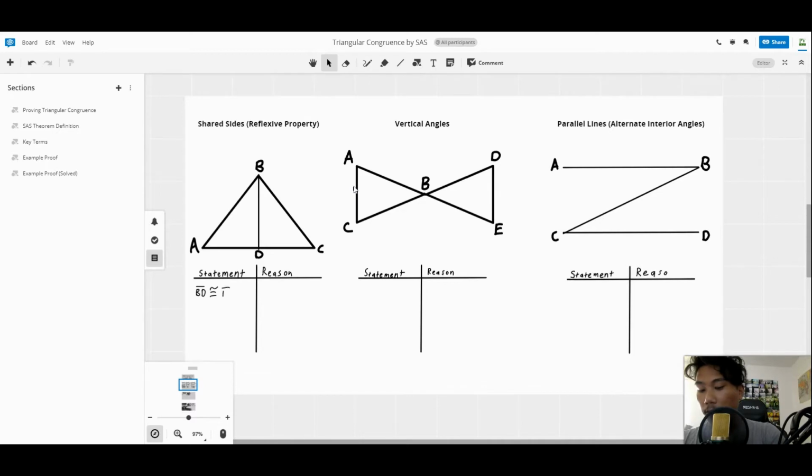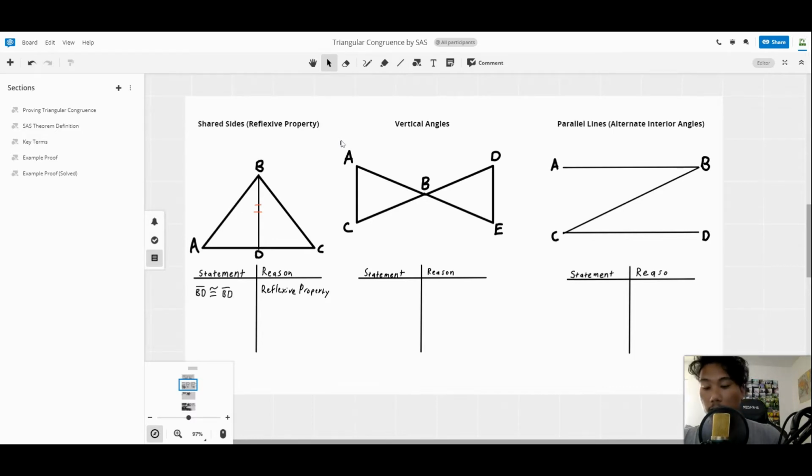And again, that is because they are sharing the same side, and the reason for that is because of the reflexive property. So again, whenever you see two triangles sharing the same side, they're congruent thanks to the reflexive property of congruence.